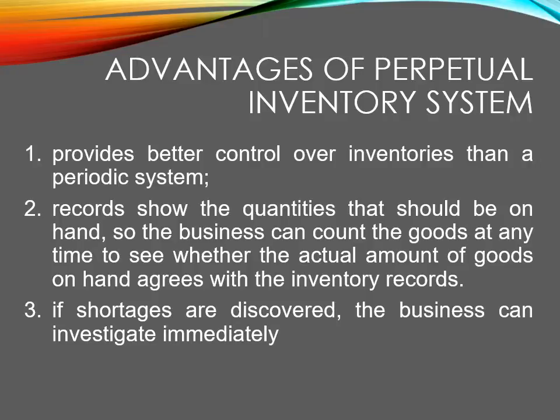Once you discover any weakness or these shortages, you can investigate why there is a discrepancy between the records and the inventory on hand. So you can have better control over your inventories.